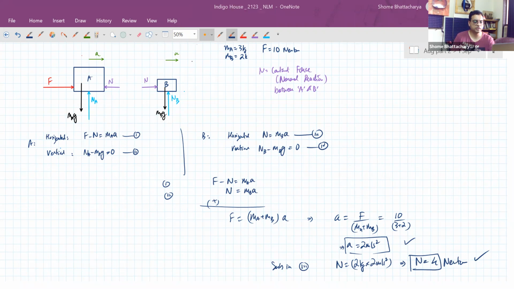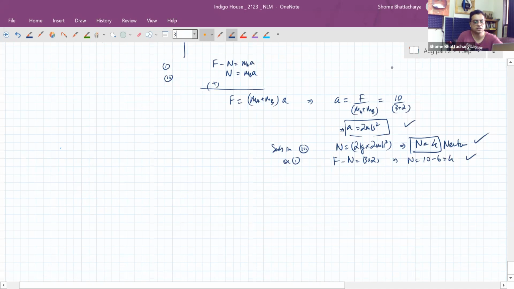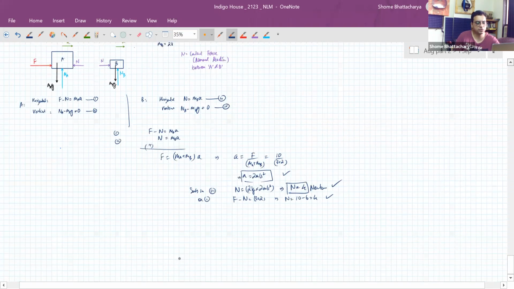You can also substitute in equation 1. Okay, the same thing. Okay, this is clear, I hope. And there are two other contact forces, which are the normal reactions due to the ground, which you can just see are equal to the weights.